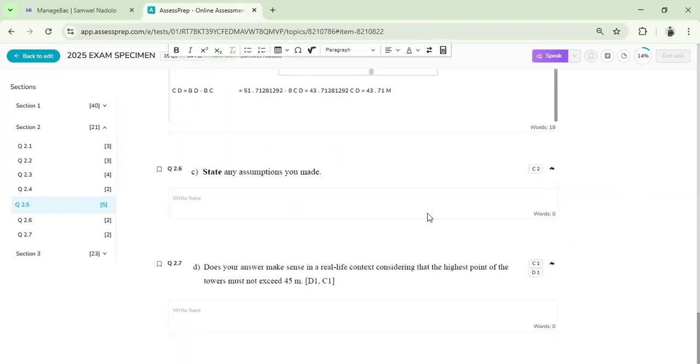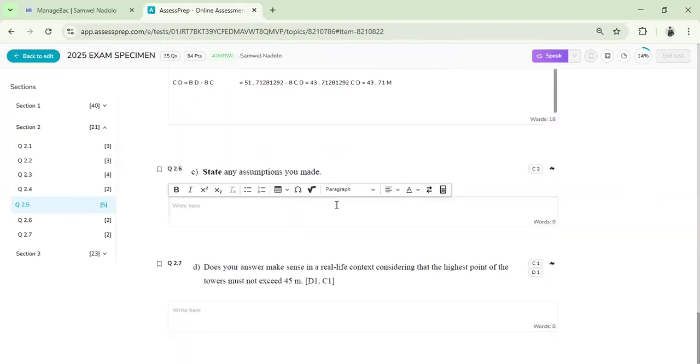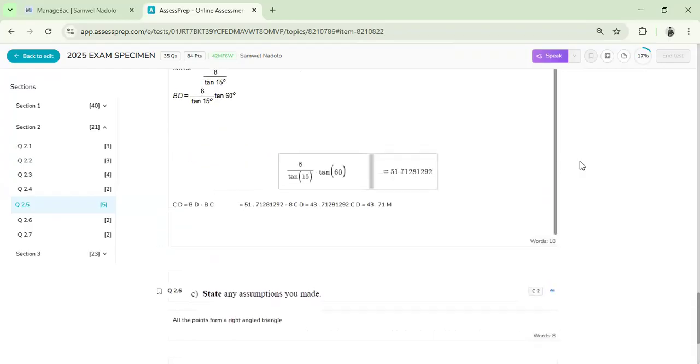So state any assumptions you made. I think one of my assumptions is that all the points will form a right angle triangle. Because for me to use trigonometric ratios, or for you to use Pythagoras theorem, it must be a right angle triangle.